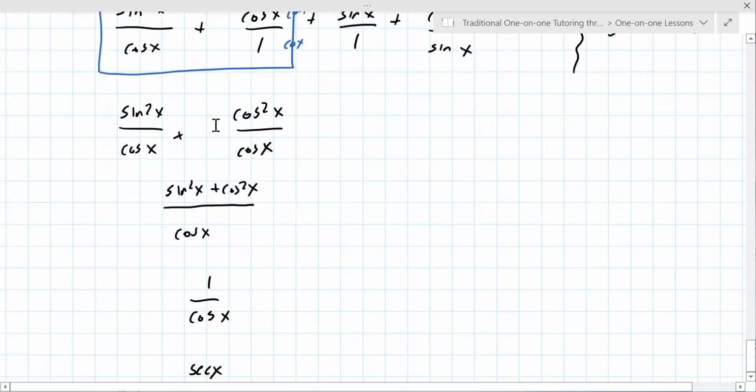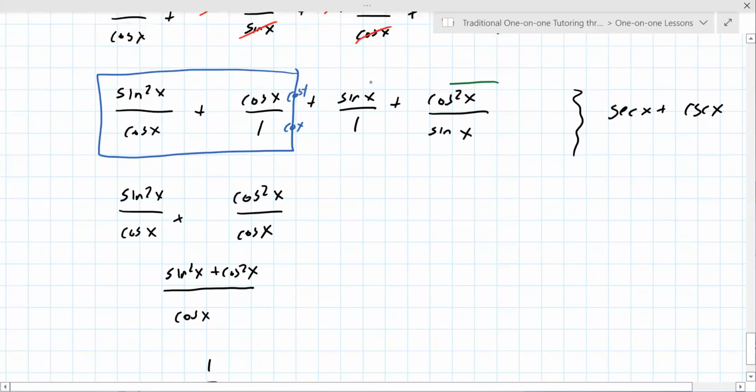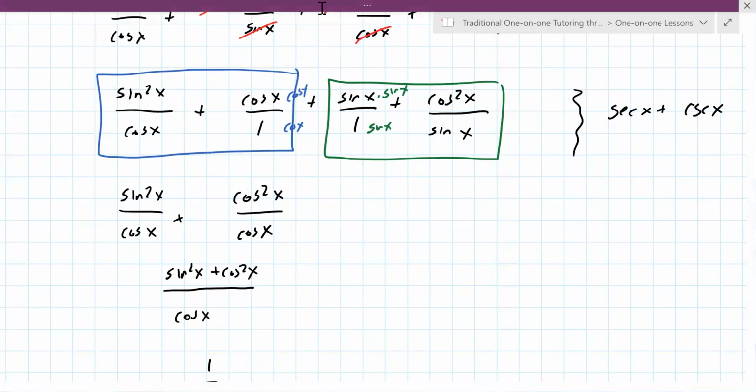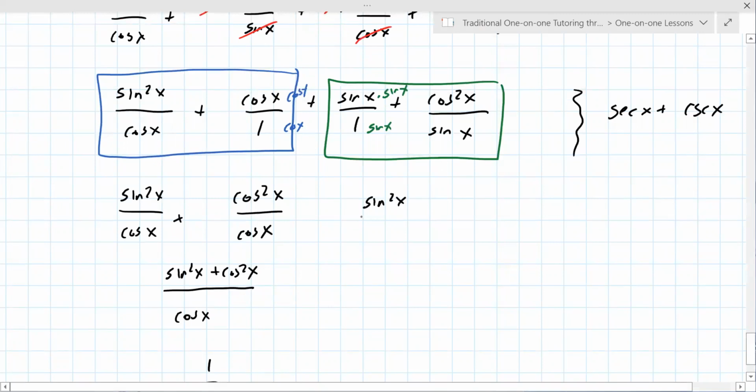And if that works for the first two, you know, okay, I should try the same thing for the next two, except I'm going to multiply the other one by sine x over sine x. These are non-obvious. You would never know to do these until you've worked them a few times.